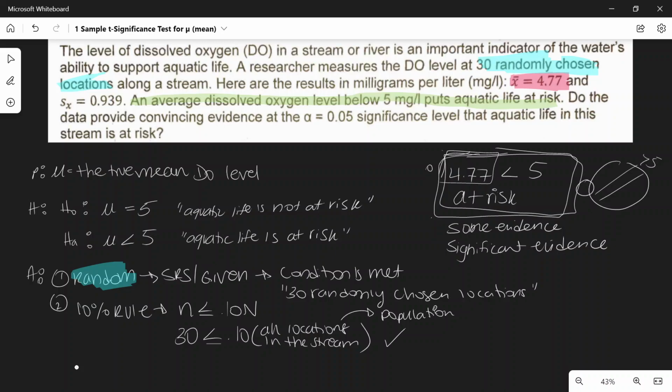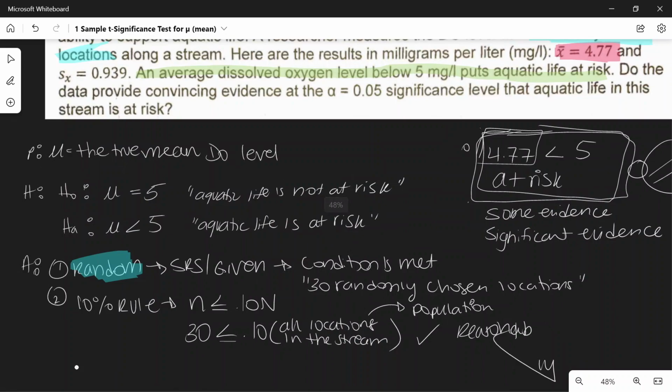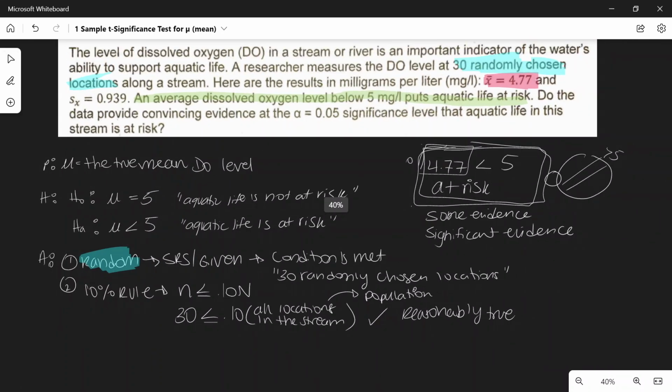Even though we don't know the number of all locations in the stream, we can assume that the stream has a lot of locations, depending on how you define a location. So we're going to say condition met, reasonably true.